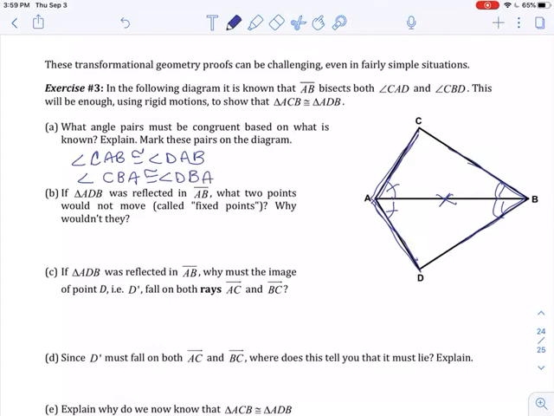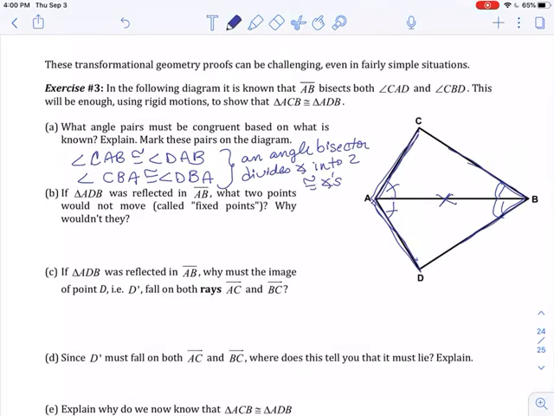When we do actual proofs, you'll be able to put numbers in there and it'll be a little bit easier. The reason that I know they're congruent is because an angle bisector, so this is sort of getting ready for doing our proofs in the next chapter, an angle bisector divides an angle into two congruent angles. All right, so that's how I know those angles are congruent.